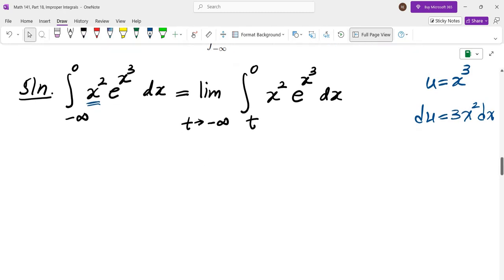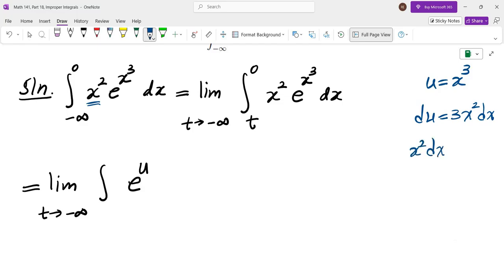Now we're going to use the u substitution that we just saw. When x cubed is u, that gives us e to the u. x squared dx is going to be 1/3 du.